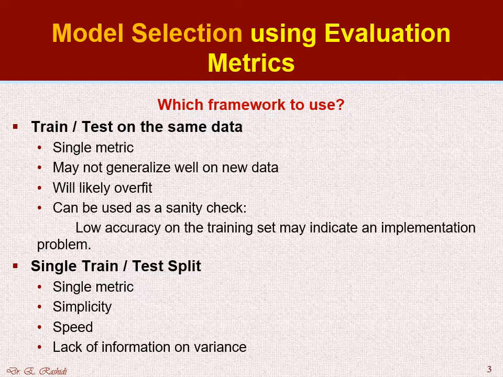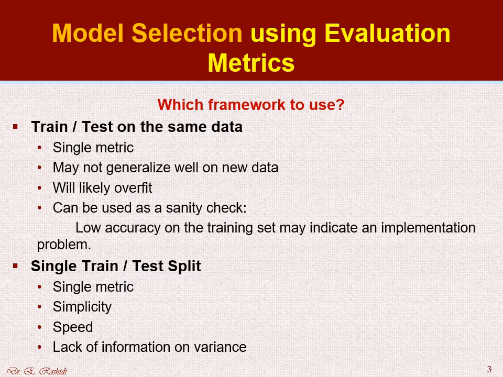Just one single train test split that we have done before. In this approach, we also get a single metric, which we previously have used most of the time, the accuracy score. And the good thing about this method is that it's simple and it's fast.